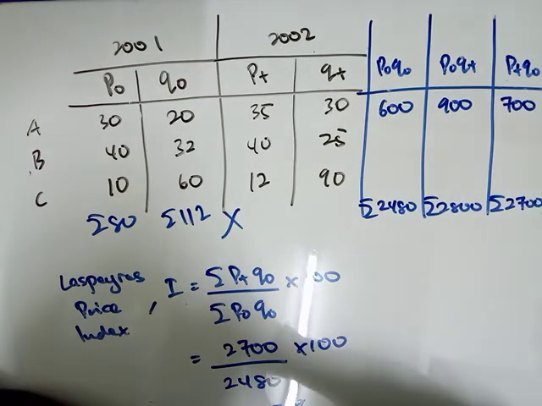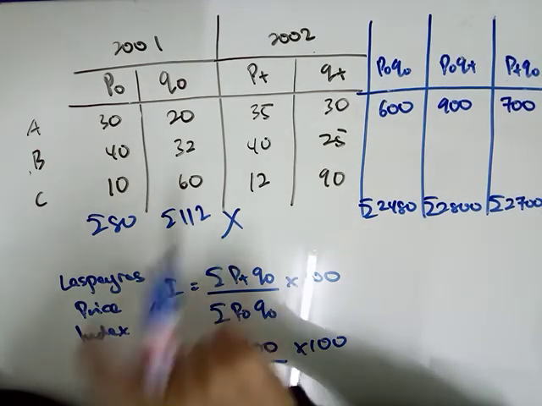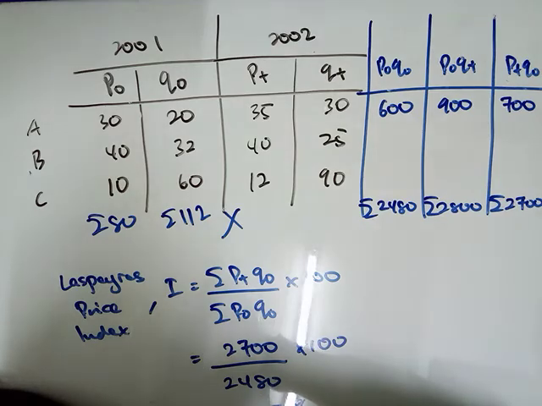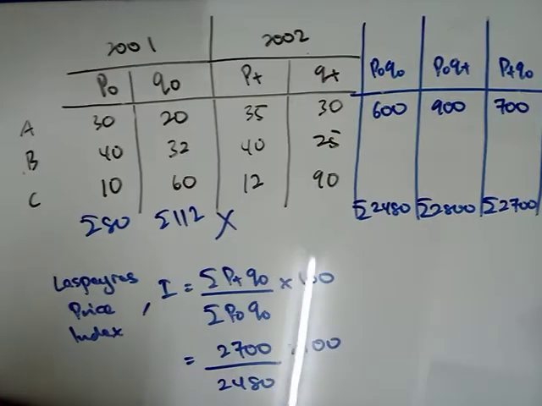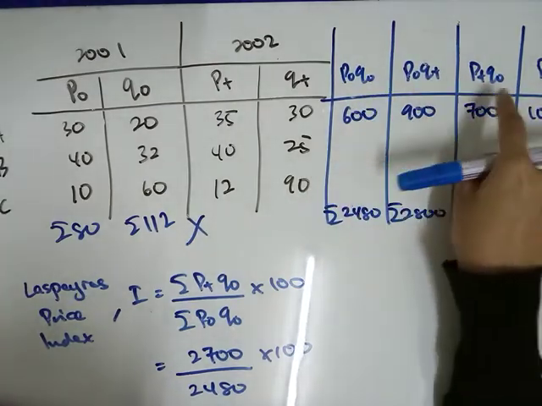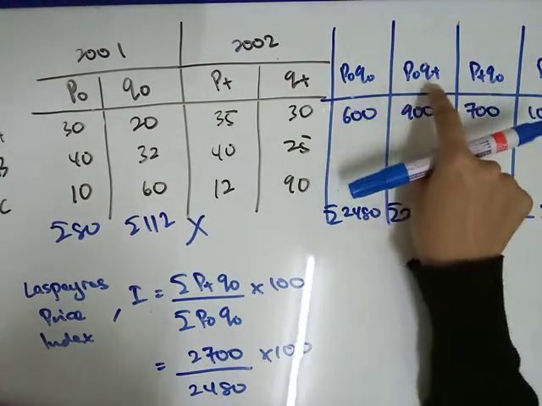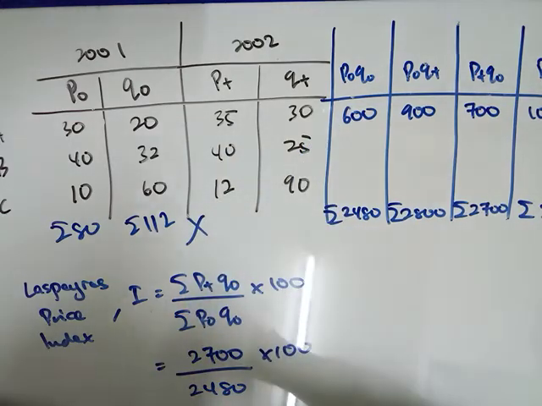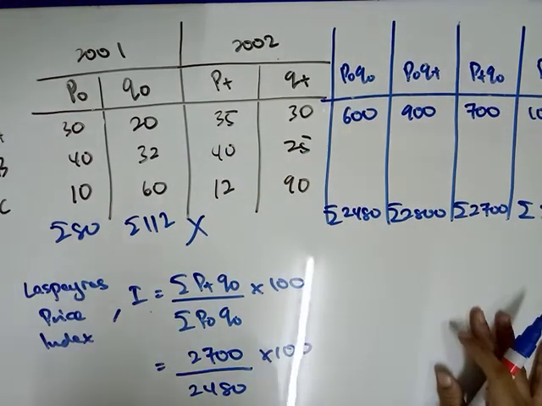This is from concept. Okay, be careful. Many people do it like this. So be careful. You need to calculate the product for each term, P naught Q naught for every item. Okay, do you understand?